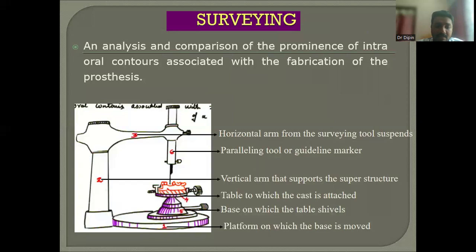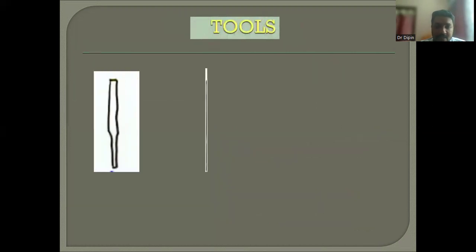We have a vertical arm and a horizontal arm, and from the horizontal arm we have an analyzing or surveying arm suspended. We have a surveying table. Over the surveying platform, we have the base on which the table swivels, and we have a surveying table. The explanation about each part we will be seeing in the coming slides.